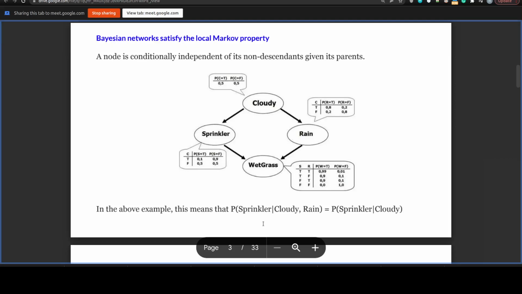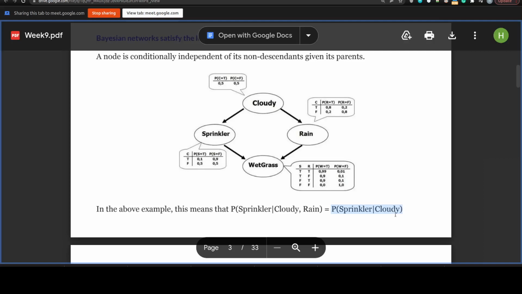In the above example, if I want to calculate the probability of using a sprinkler given cloudy and rainy variables, it will be just P of sprinkler given cloudy, because the rain variable is independent of the sprinkler. To determine the probability of sprinkler, you only need its parent, that is cloudy. This is the Markov property that Bayesian networks satisfy: a node is conditionally independent of its non-descendants given its parents.